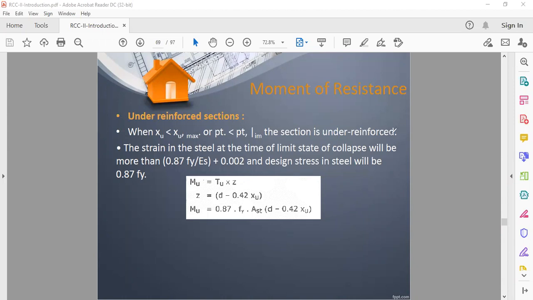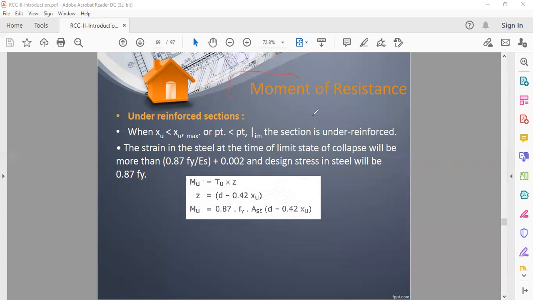Then moment of resistance. Moment of resistance is a very important part: it tells how a beam section is going to behave for flexure or bending, and what the capacity of that particular section, beam or slab is.